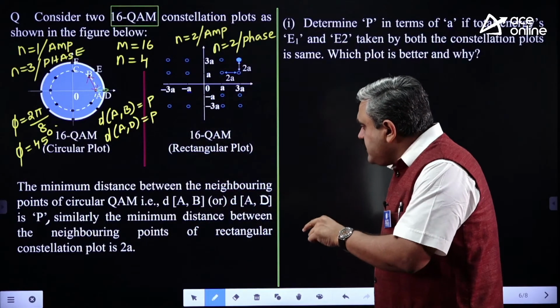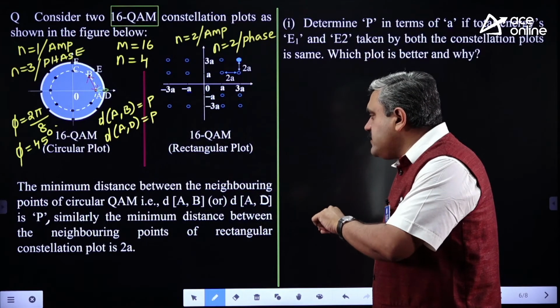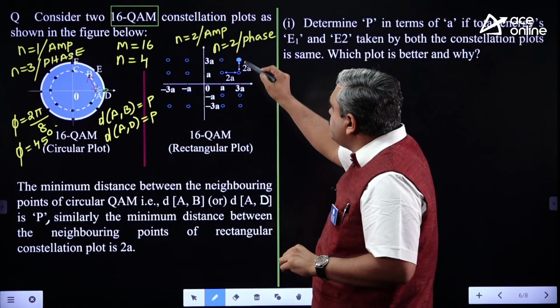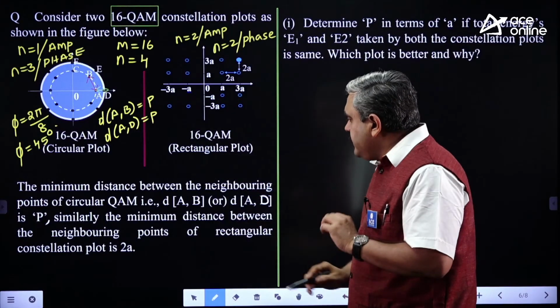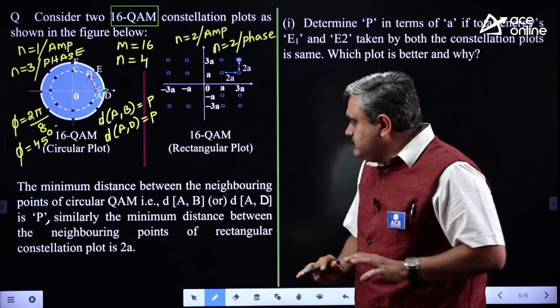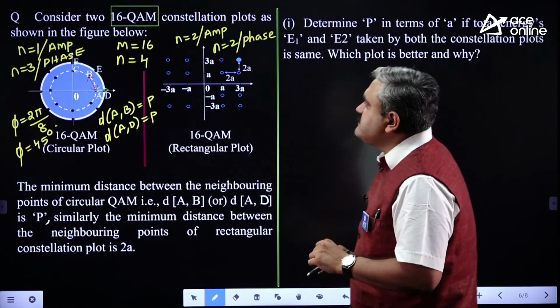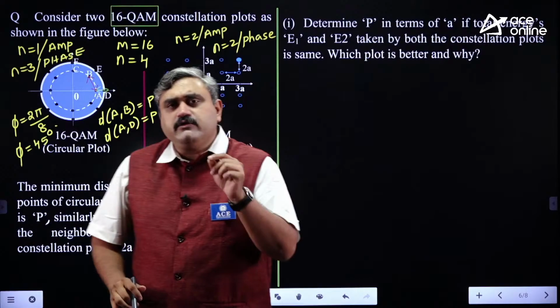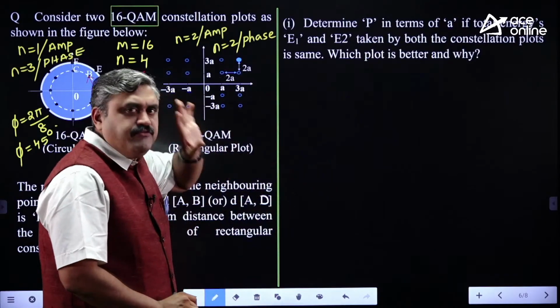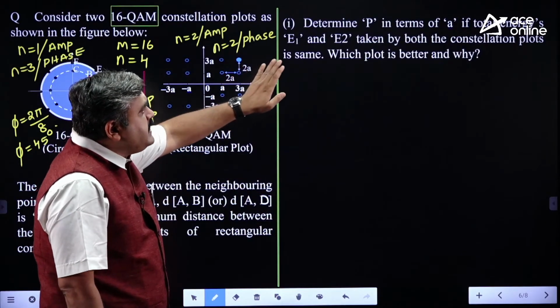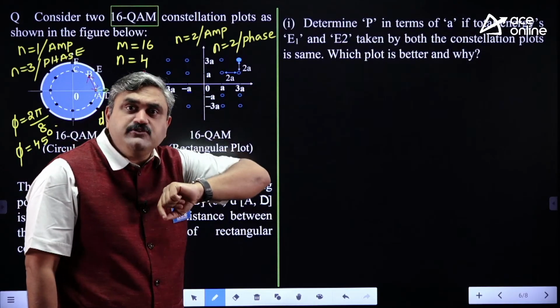And similarly, the minimum distance between the neighboring points of the rectangular constellation plot is 2A. Then this is the data given to you. Okay. What is he asking? Actually there are 3 parts. I thought of explaining only the first part. Determine P in terms of A. That means what is the comparison you are doing?